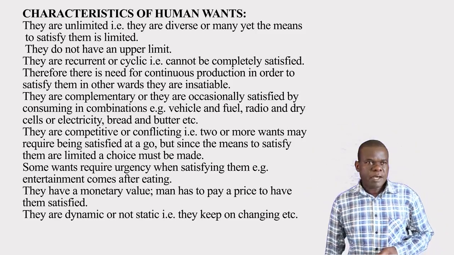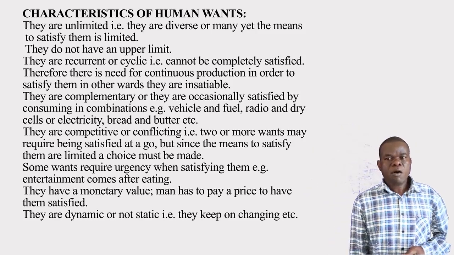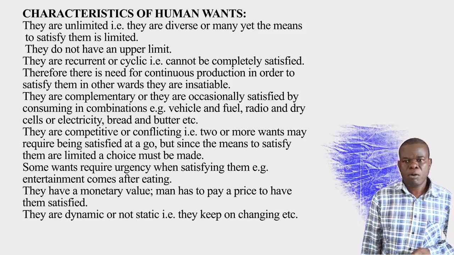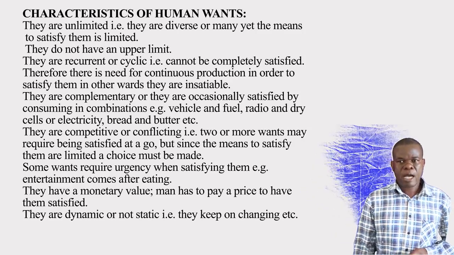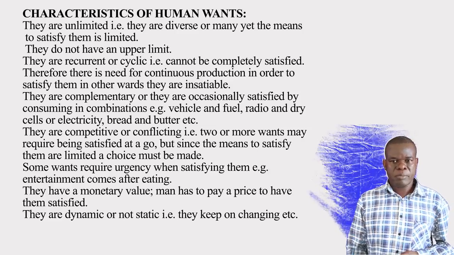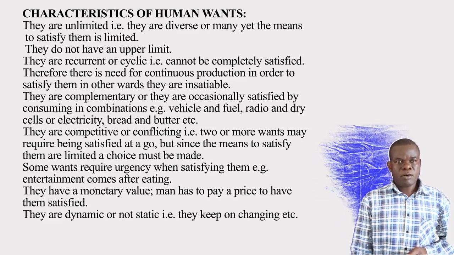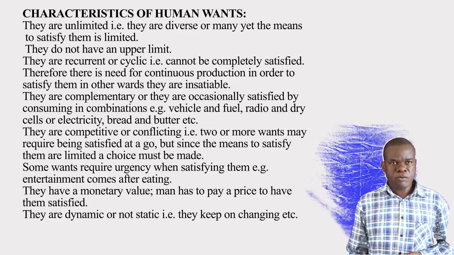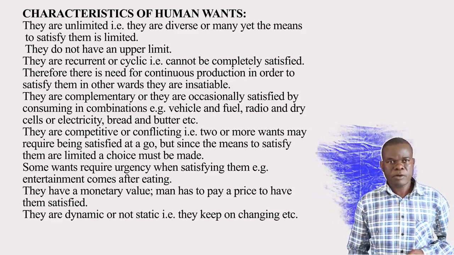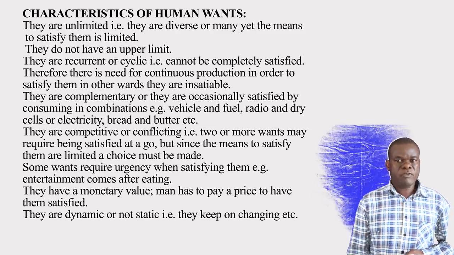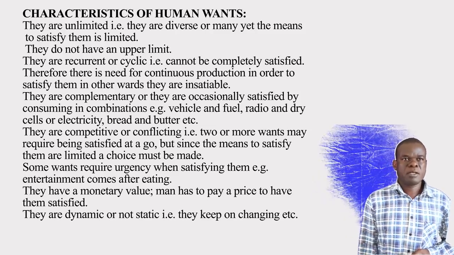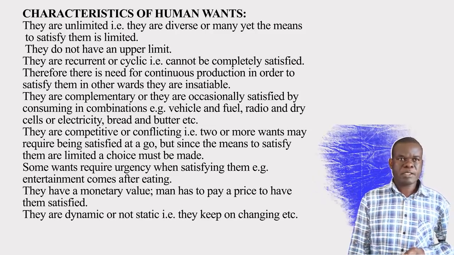Then the third feature is that they are complementary, or they are occasionally satisfied by consumption in combinations. For example, in order to move, a vehicle needs fuel. So for someone to travel, you need a vehicle which has to be fueled. If you are to listen to music, a radio has to be powered.